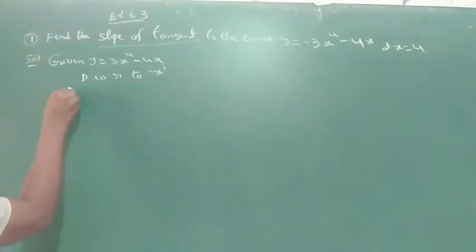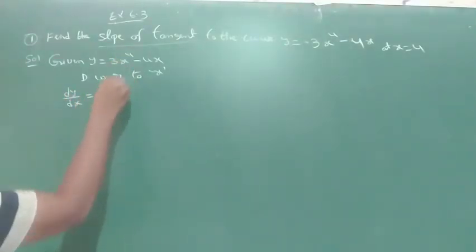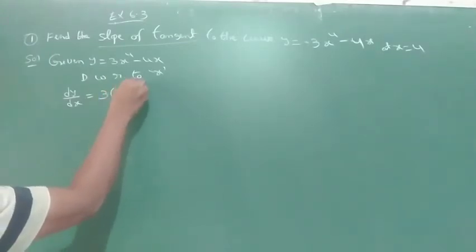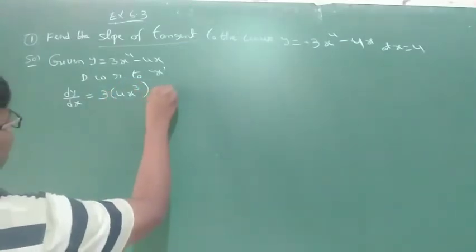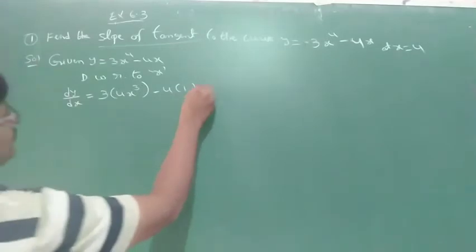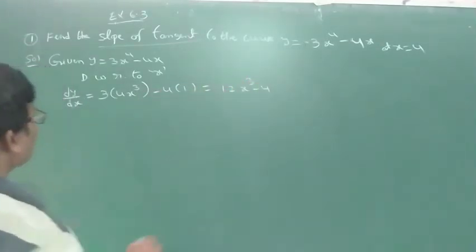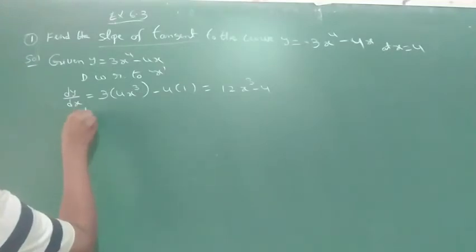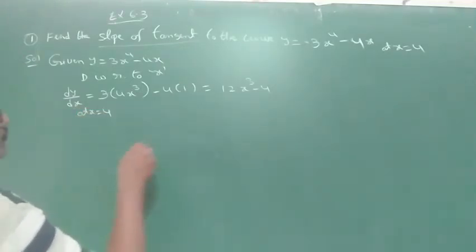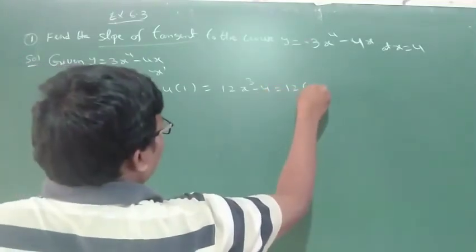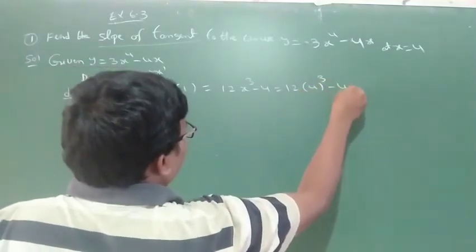So dy by dx is 3 into the derivative of x power 4, which is 4x cube, minus 4 into the derivative of x, which is 1, that is equal to 12x cube minus 4. At x is equal to 4, 12 into 4 cube minus 4.